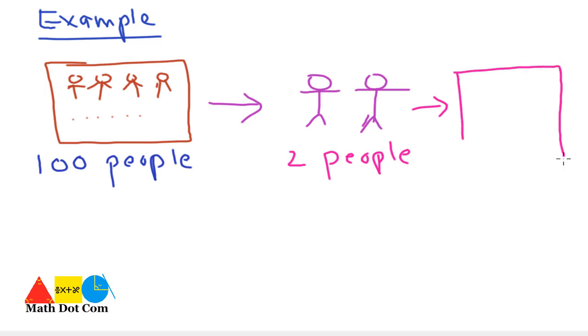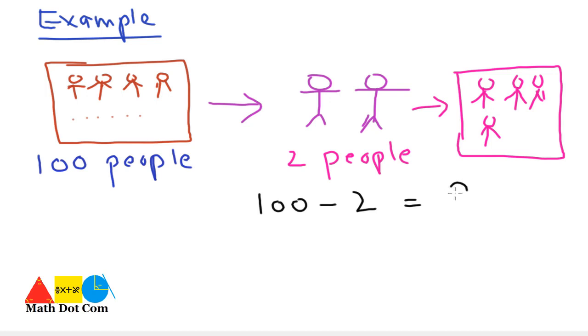The number of people who stayed in the room is 100 minus 2 equals 98. So 98 people are in the room. Now we have to find the percentage of people who left the room and the percentage of people who stayed in the room.